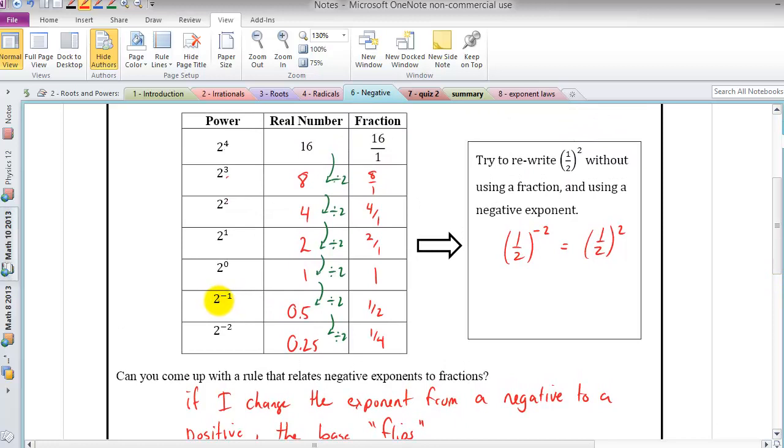So another example, 2 to the negative 1, I flip over the base, so 2 becomes 1/2. This one, 2 to the power 2 is 4, but since it's negative, it's flipped, it's 1/4.